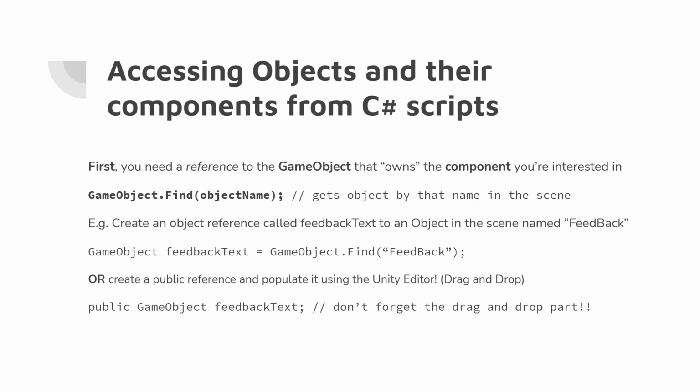So therefore, we can find which game object, and we can change the text on them. Like the first thing we did the other day, we changed the text on a text object in the game. We used the find to get the object, and then we found the component later on.